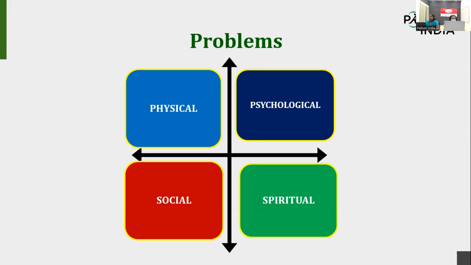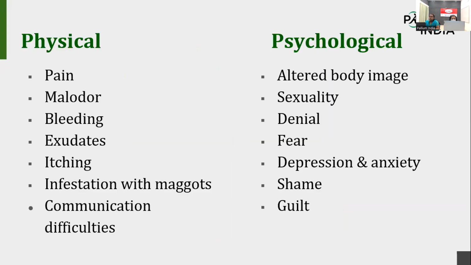Just imagine a patient with a fungating wound on their face. What physical problems can that patient have? Here: pain, malodor, bleeding, exudate, itching, sometimes infestation with maggots, and communication difficulties.